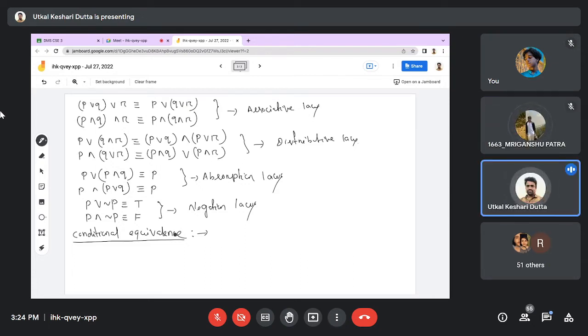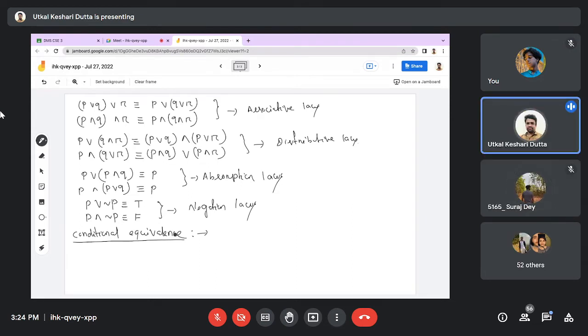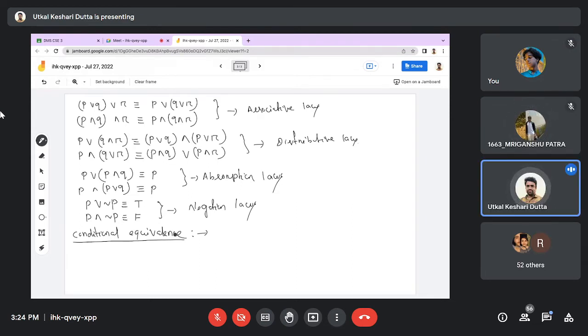When only P is there, only true and false. When P and Q, P may be true or false, Q may be true or false, then 2 into 2, that is 2 square, there will be 4 rows. For all 4 possible cases you have to find. With P, Q, R, 3 propositional variables, there will be 8 possible cases. So you have to find all 8 rows, all possible cases of P, Q, R. So that is the truth table. Okay.